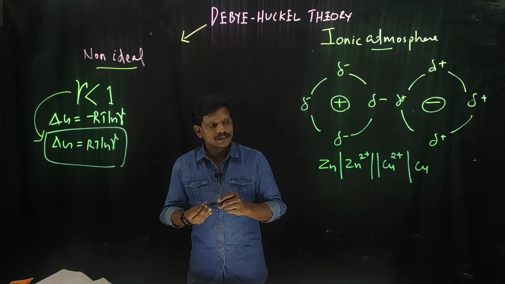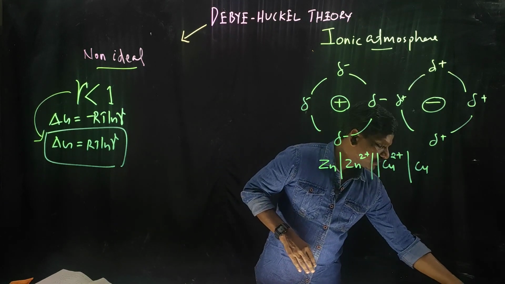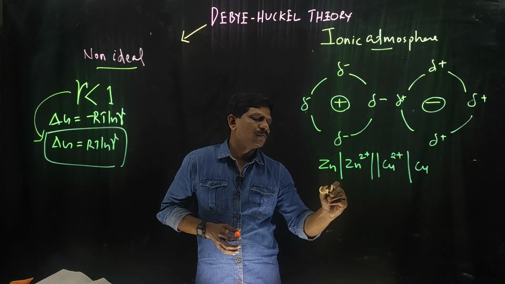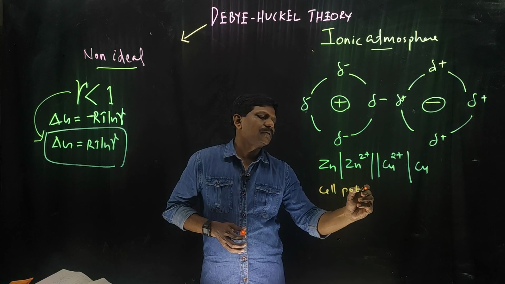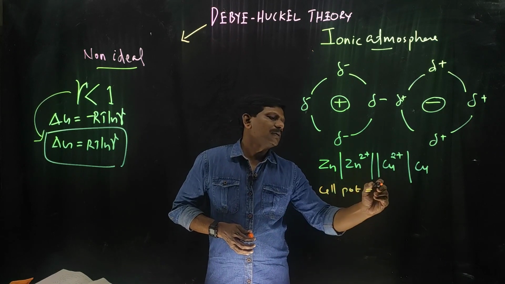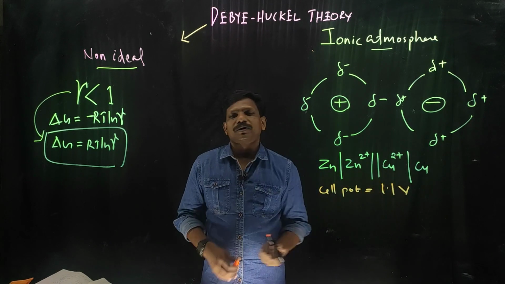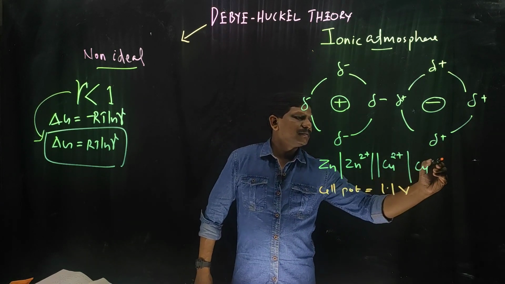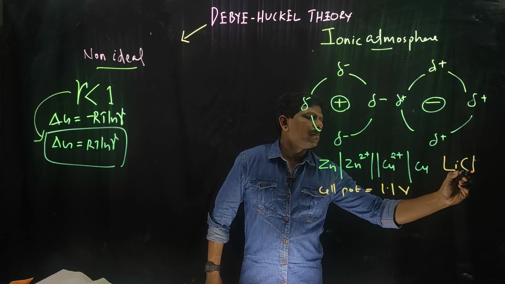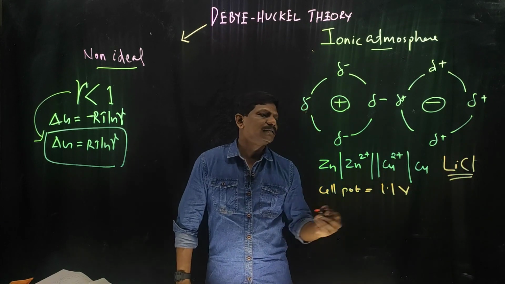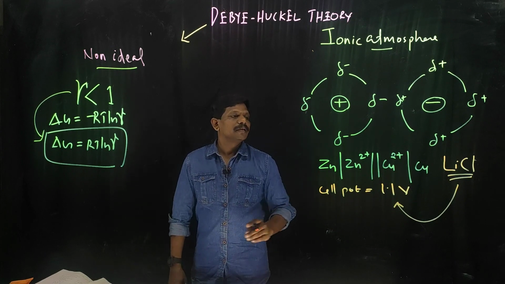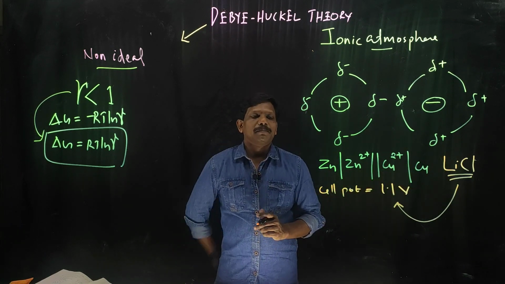The cell potential of this one is 1.1 volt. Suppose I am adding a small amount of lithium chloride in the copper 2 plus compartment.